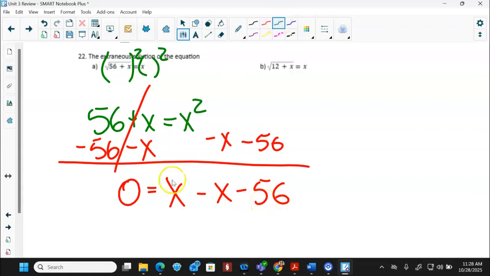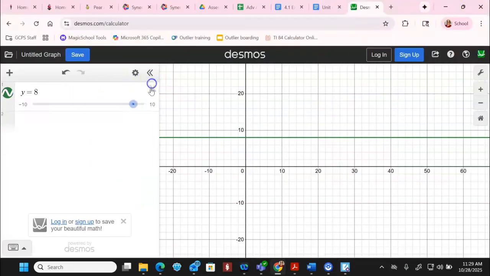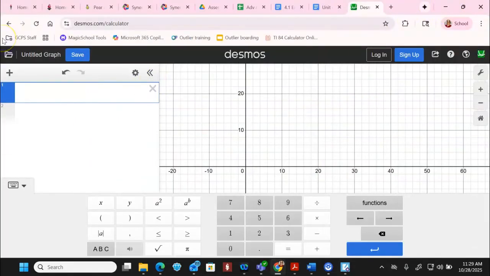Now you would find 2 factors that multiply to the last one. So you would get negative 56, and you would get a negative 1 here, because again, that's -1. And the two factors that you would get would be, I believe, 8 and 9? 8 times 9, nope. 7 times 8.